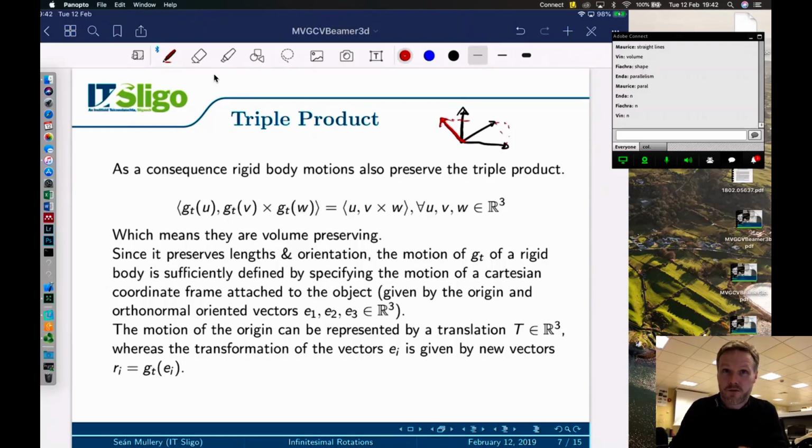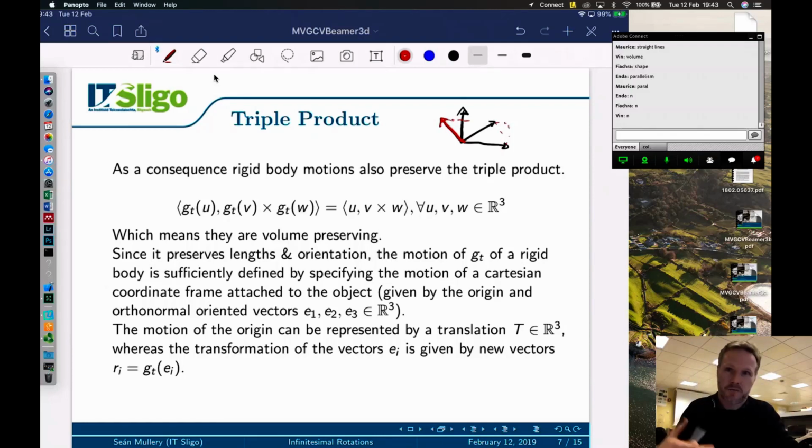Don't heed my diagram too much, but be aware that the triple product is related to the volume: we get the cross product between two of the vectors, and then the dot product of that with the third vector. Because the triple product is preserved, which is the mathematical identity, in the application where we're dealing with volume, the volume is preserved. With a rigid body, I move this about, the volume can't change.